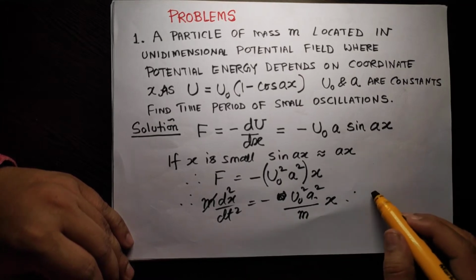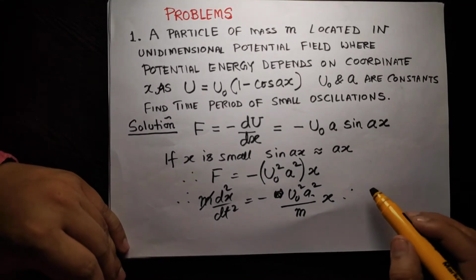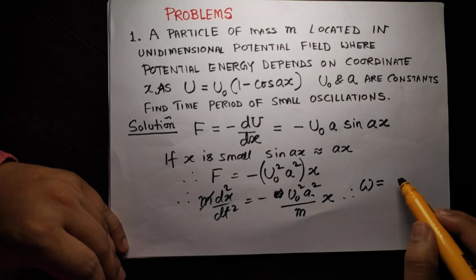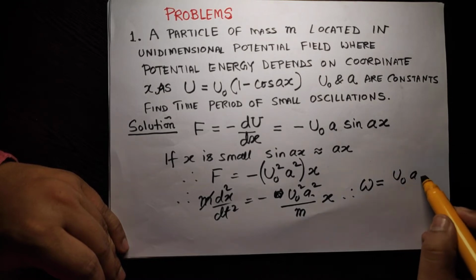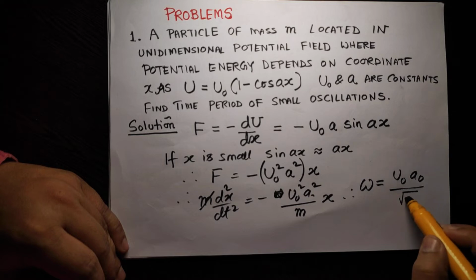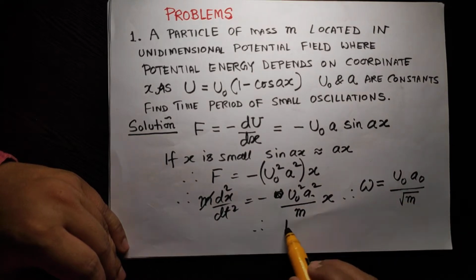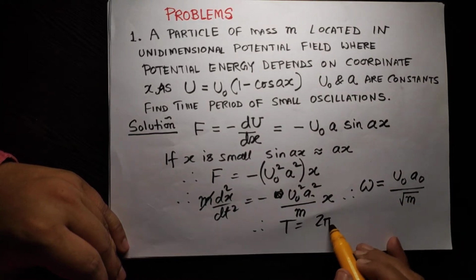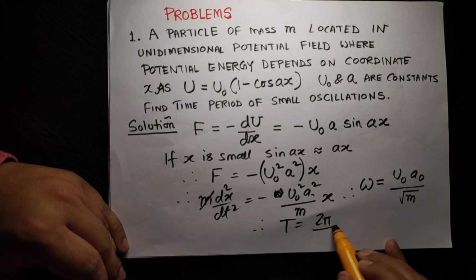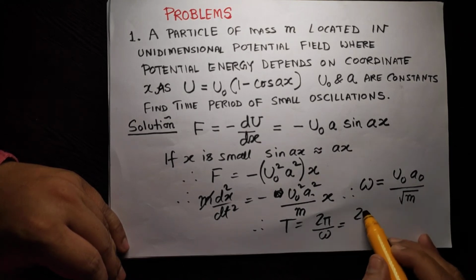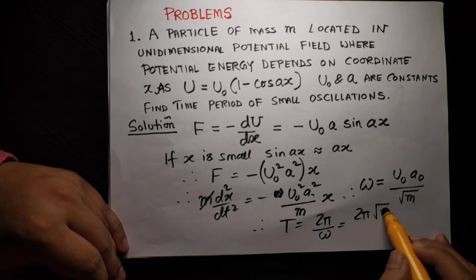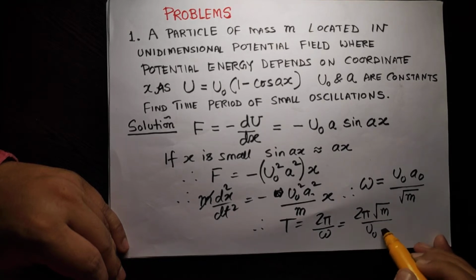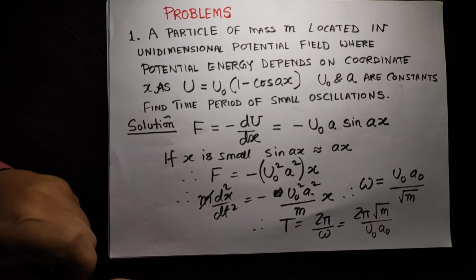So the angular frequency omega is equal to a root over U naught by m. So the time period is 2 pi by omega, that is 2 pi root m by U naught a square. Okay.